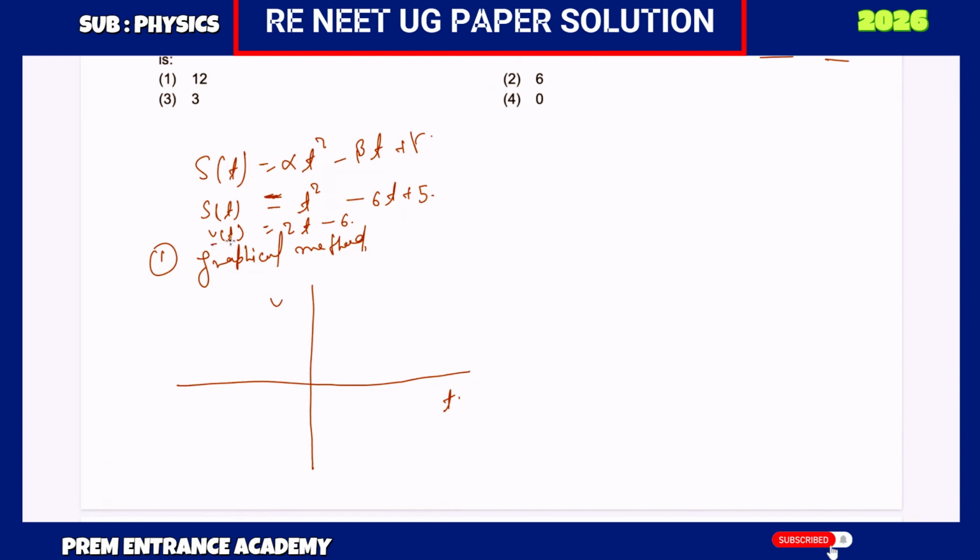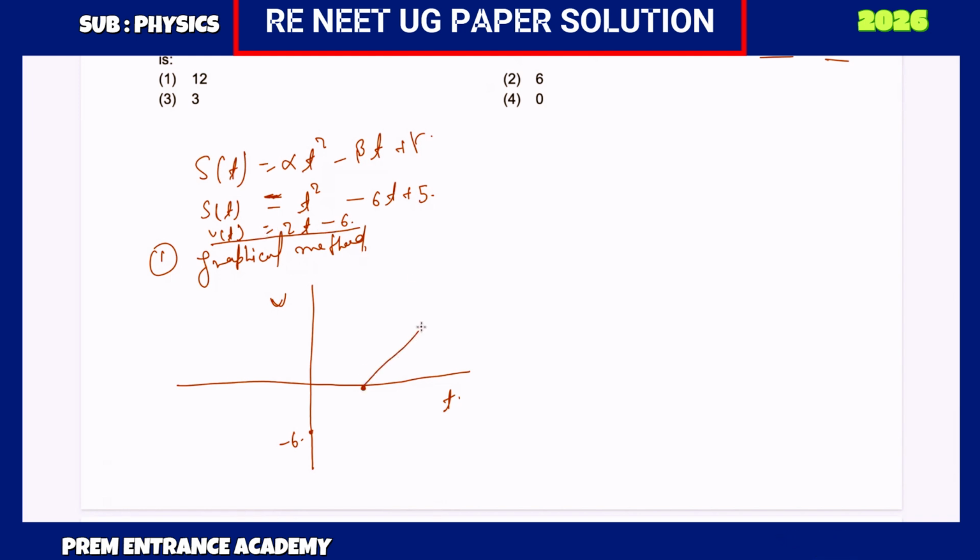So the equation is V(t) = 2t − 6. For t = 0, velocity will be −6. For t = 3 seconds, the velocity will be 0. And for t = 6 seconds, velocity will be 6.